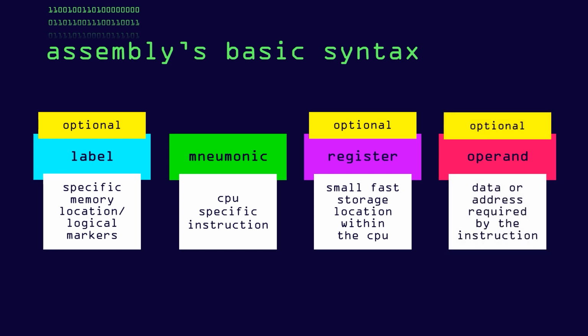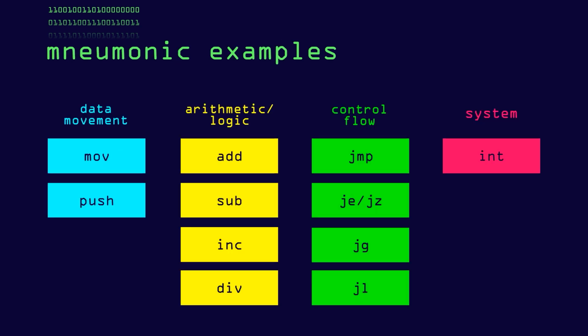And the operand is also optional, and it's just whatever the mnemonic needs, if you need something. So if you're using add, it will probably require an operand there, which is the data or address that you want to change or add or remove, whatever. For mnemonic examples, we have groups there in the slide for you: data movement, arithmetic, logic, control flow, and system.